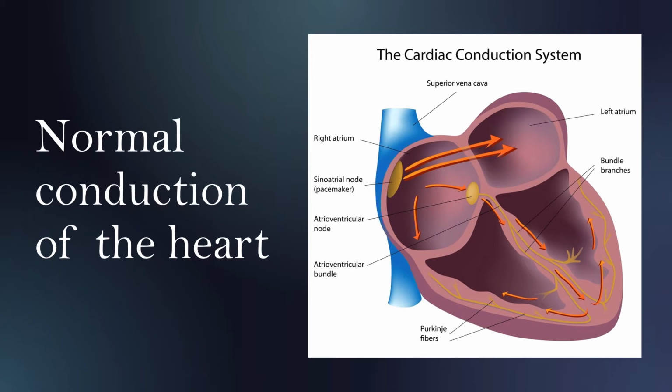It'll go down the bundle of His and continue traveling through the ventricular myocardium until it gets to these little end branches called the Purkinje fibers. And then it will fire and the heart will beat.